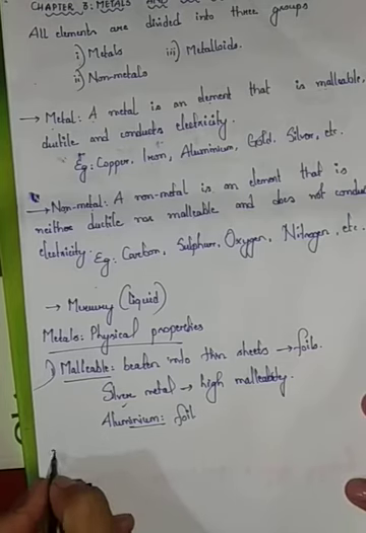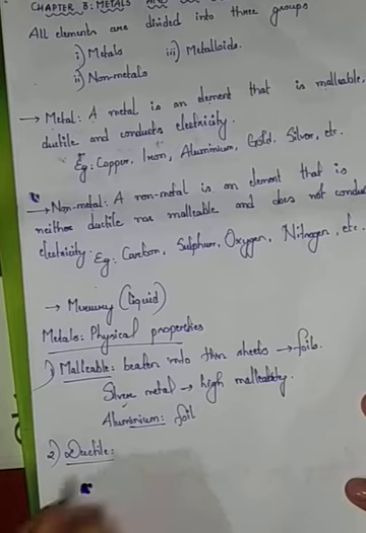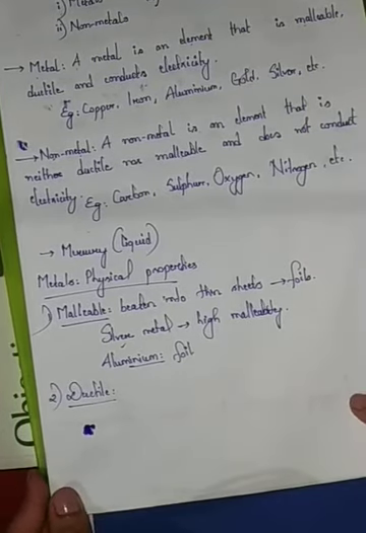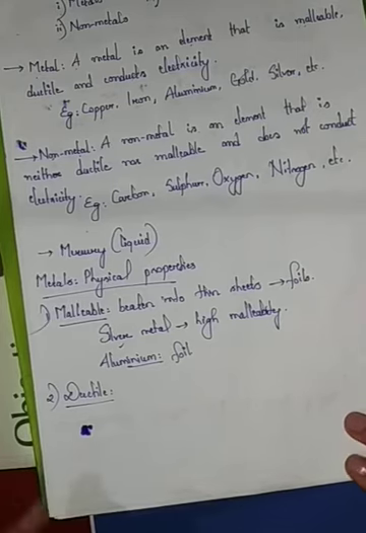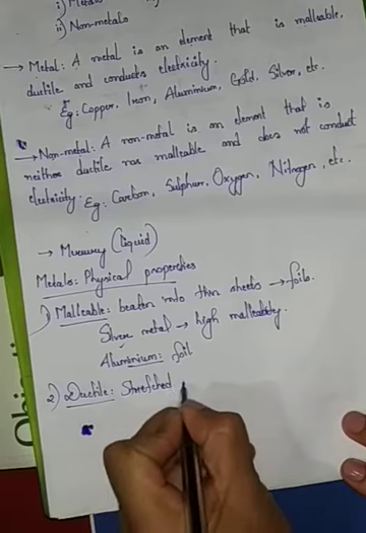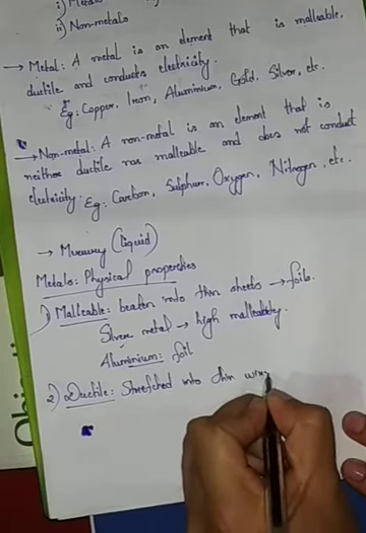Now the second one, metals are ductile. It means that the metals can be drawn or stretched into thin wires.